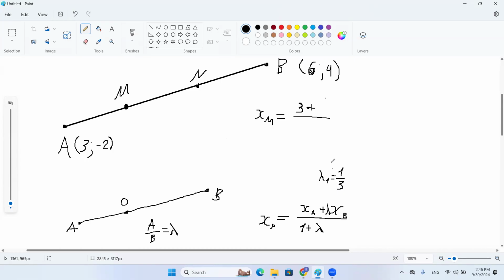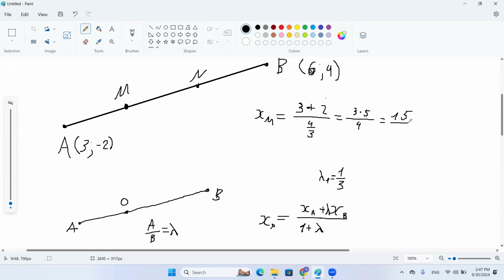Ah, okay, plus 2. Yeah, plus 2 and divide by 4 divided by 3. Okay, and now let's do it a little bit simpler. It's 15 fourths. Yeah, fourths.